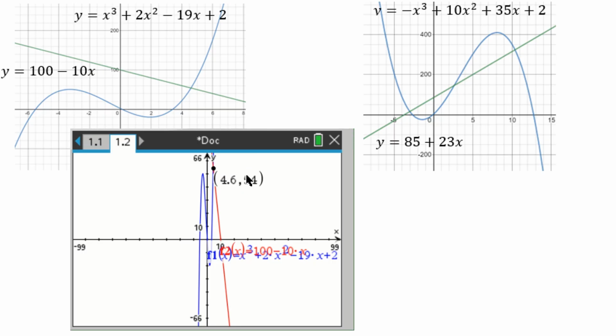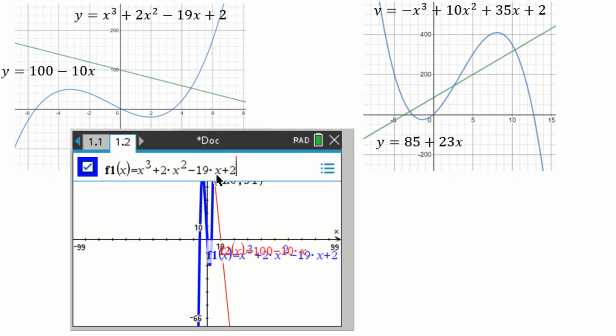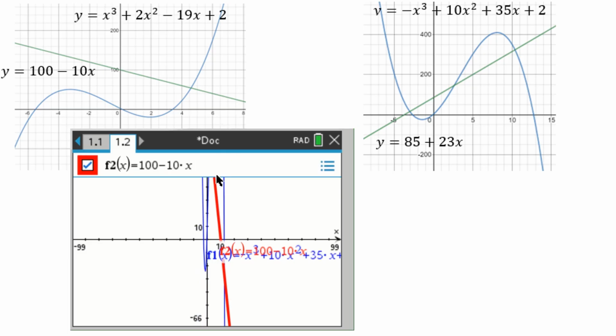So the answer to the solution for C would be 4.6 and 54. And then D, you have x cubed plus 10x squared plus 35x plus 2. Second one was 85 plus 23x.